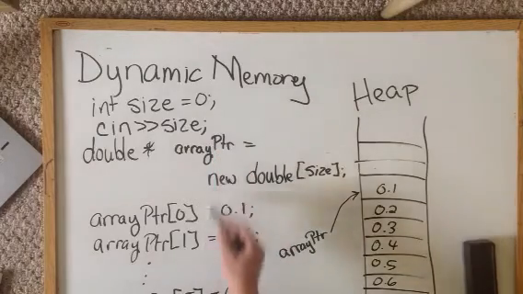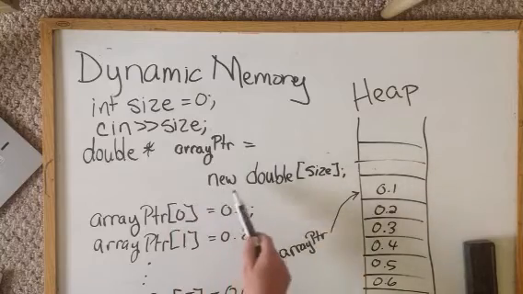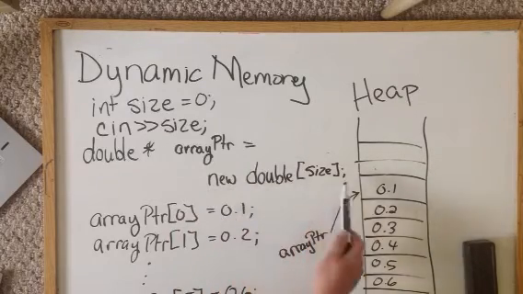So that gives us a lot of power to create the array that is the correct size that we need. And in fact, that's how vectors work. You know, when we learned about vectors, we learned that we could make them different sizes, that they could grow in size. Well, that's because the vector is implemented using dynamic arrays under the covers.